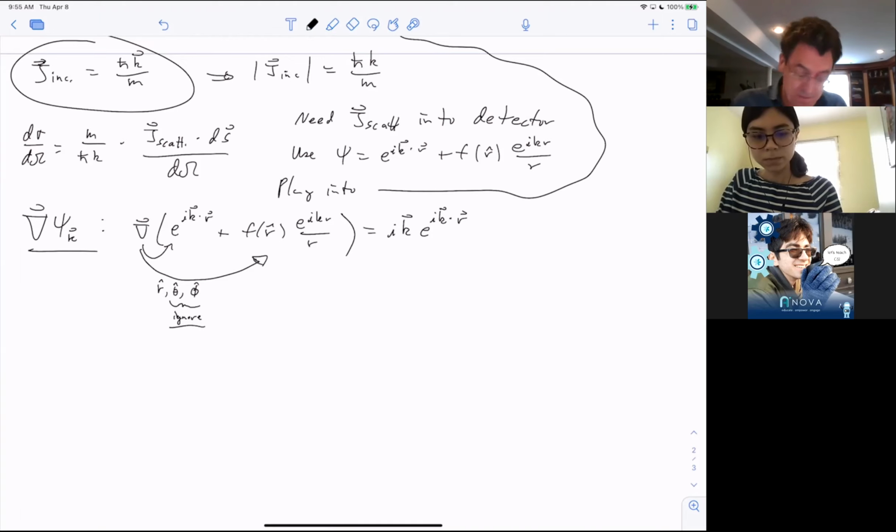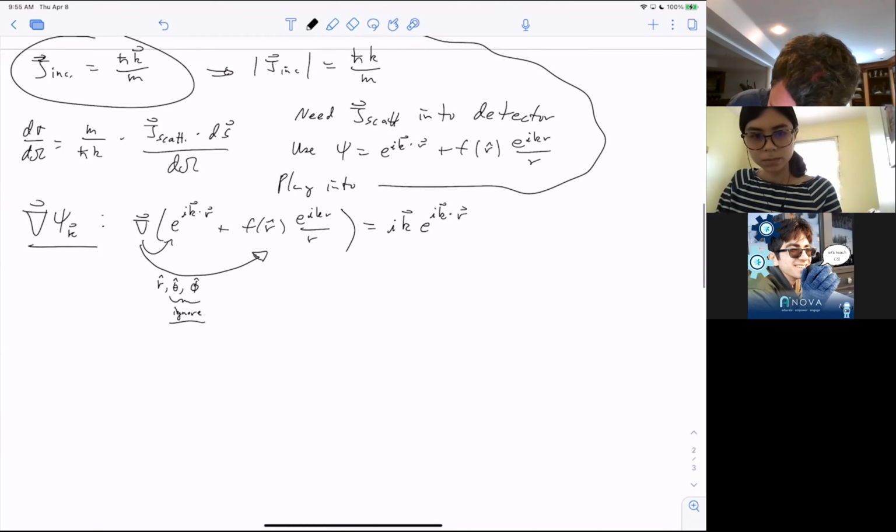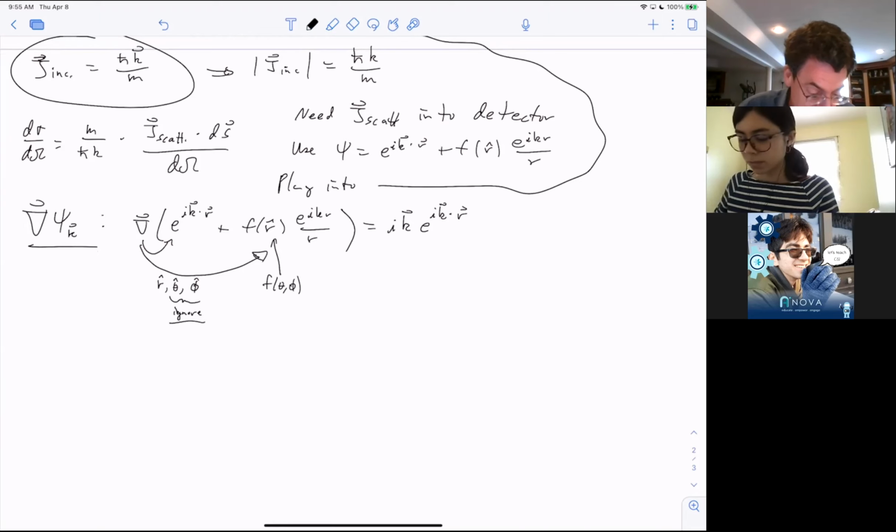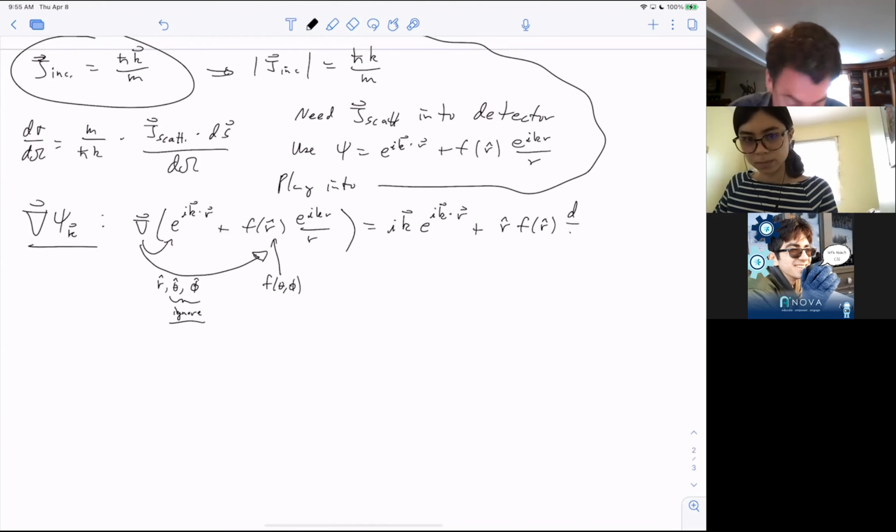Radial components are easy because f depends on theta and phi, and so the radial derivative flows right through that. So the gradient becomes very simple. It's just r hat times f of r hat, because that's just a constant for the derivative, and then there's a radial derivative, d/dr.